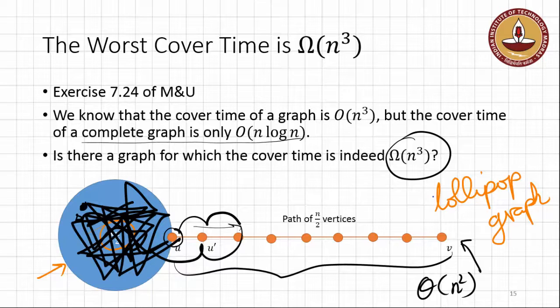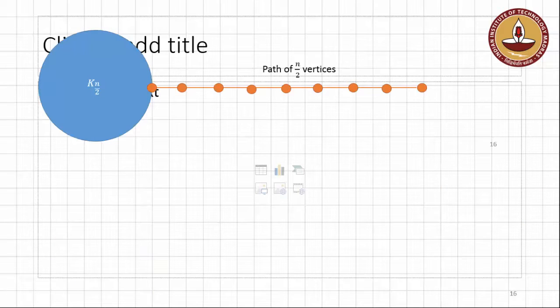So let me give you a little bit more intuition as to why this is actually n cubed. Let's ask ourselves what happens when we are here. Suppose we started at s and we've reached over here.